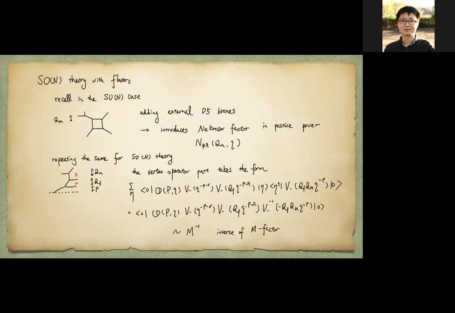From the calculation of the topological vertex, you would naively expect that everything is written in terms of Young tableaux. So it's not straightforward to generalize to the general refined case.